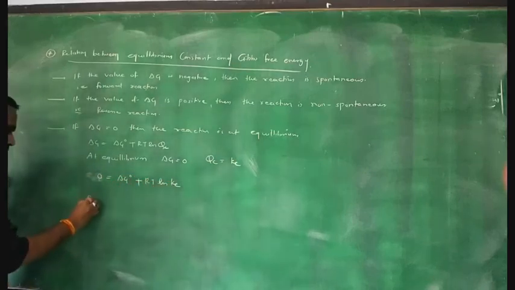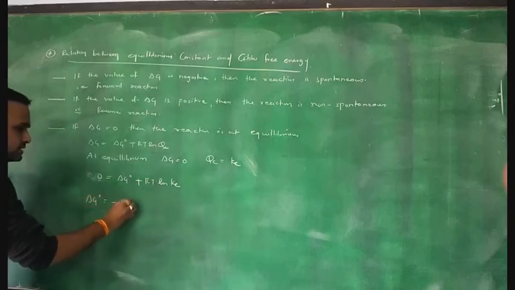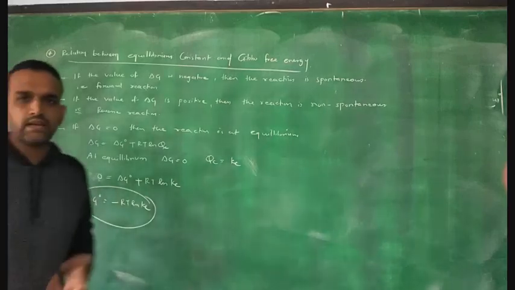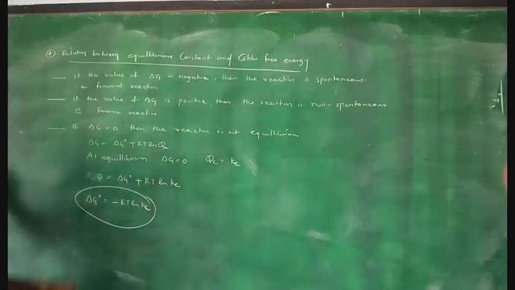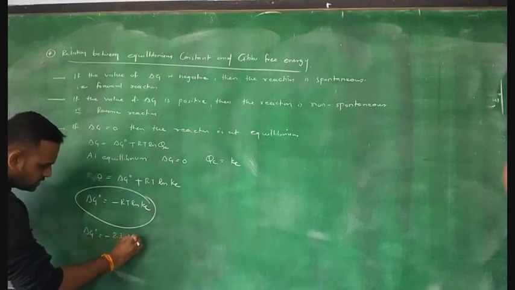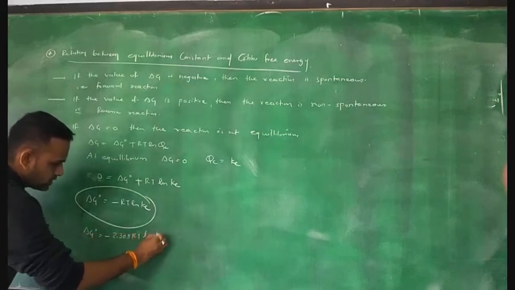So delta G0 equals minus RT ln KC. Understand? And from this, I can also write that delta G0 equals minus 2.303 RT log KC.